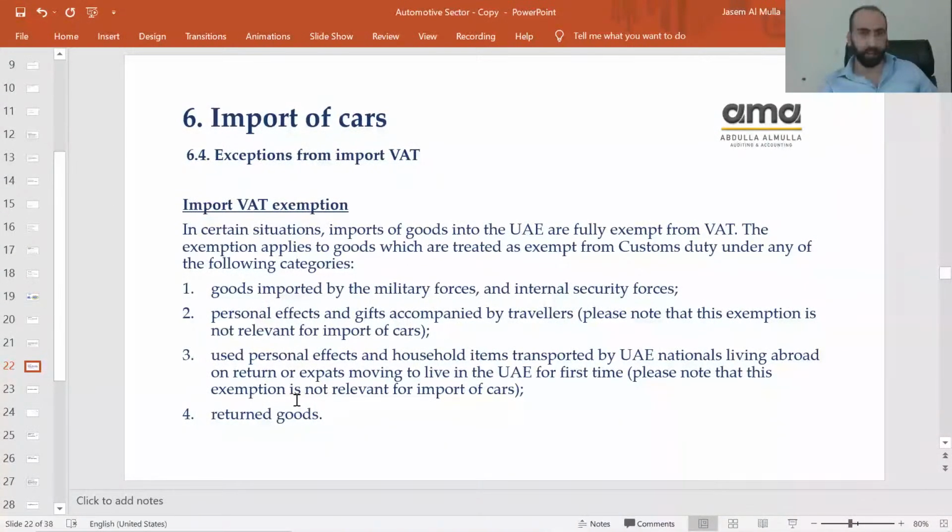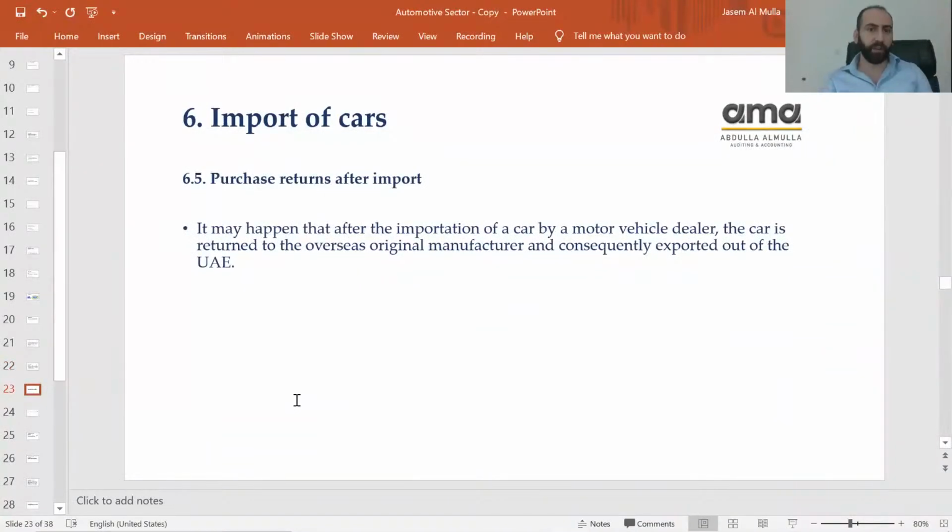Exception term. Now, purchase return after import. It may happen that after the importation of a car by a motor vehicle dealer, the car is returned to the overseas original manufacturer and consequently exported out of the UAE.